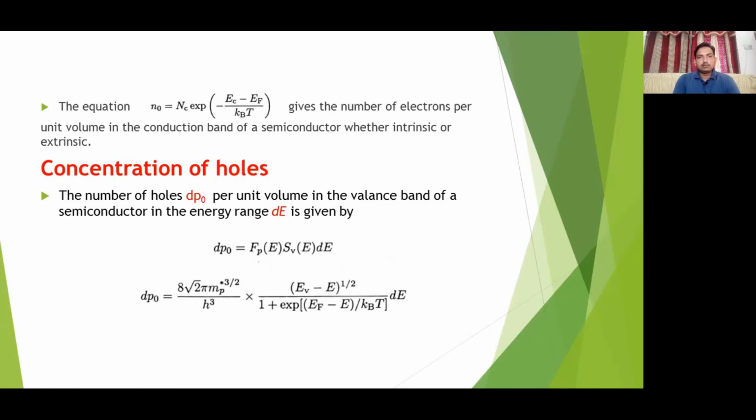The whole process you have done for the electron can also be repeated to find the concentration of holes inside the valence band. Keep in mind the major concept: you are finding the concentration of electrons in the conduction band, and the concentration of holes in the valence band.